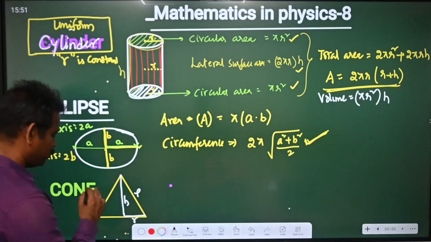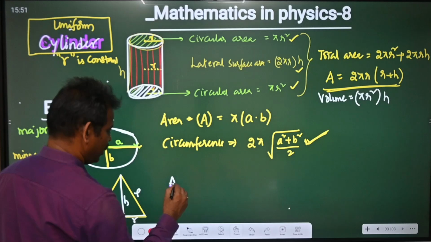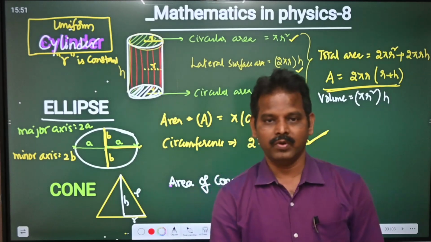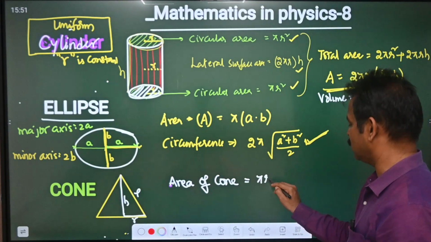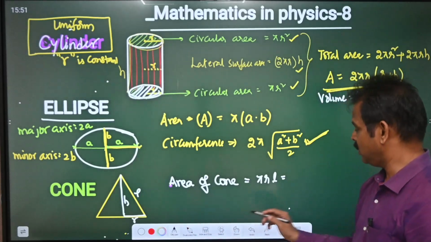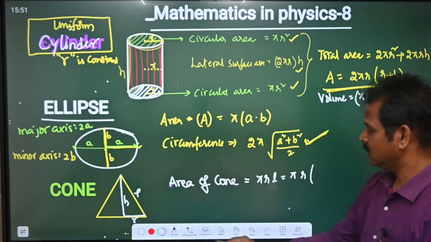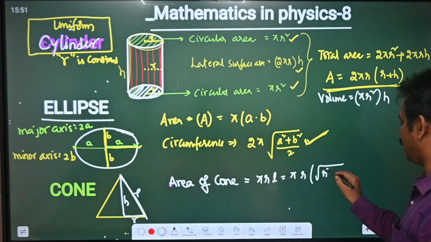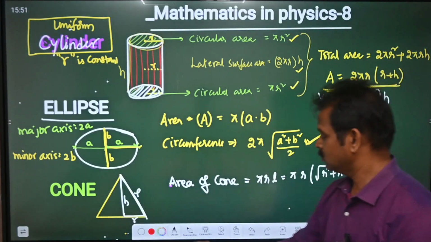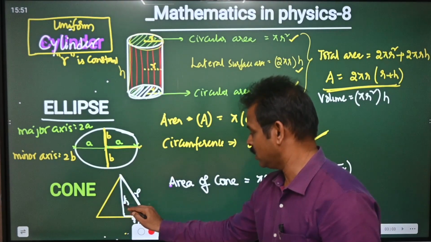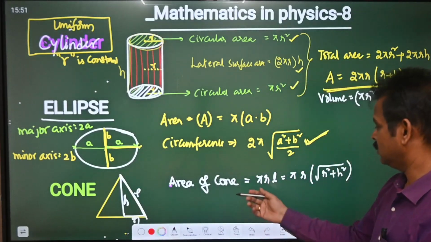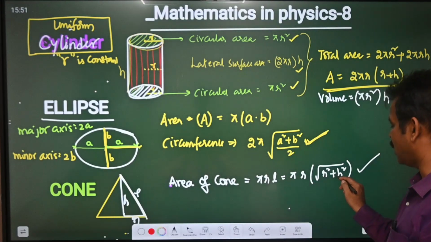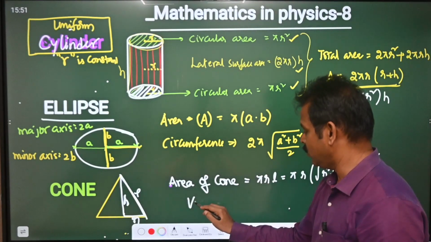Now, to find the area of the cone, we write pi r into L, where pi is pi, r is the radius, and L is the slant height. Slant height is given by root over r square plus h square. So this is the radius r, this is the height h. Then the area of this cone becomes pi r into the slant height, or pi r into root over r square plus h square.